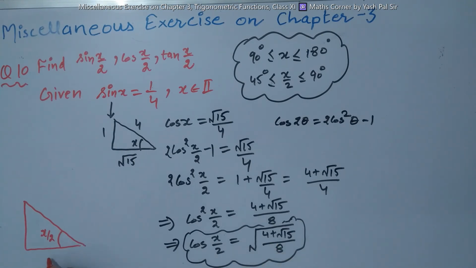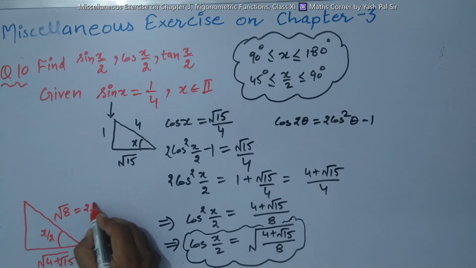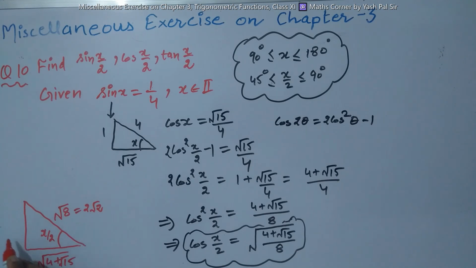Base is square root of 4 plus square root 15. What is h? Square root 8, which is equal to 2 square root 2. So accordingly we can find the value of p.